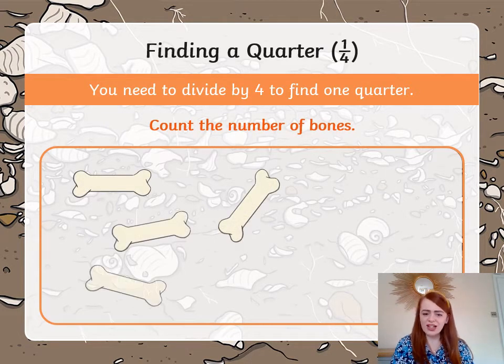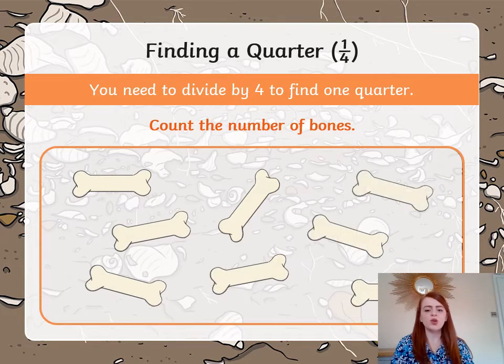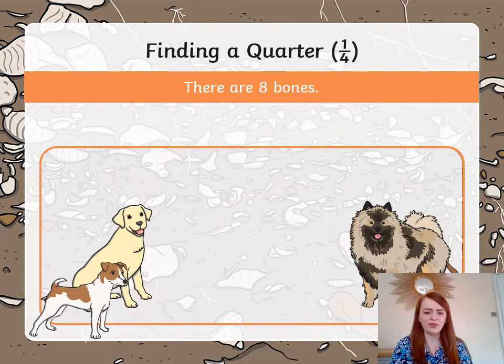Now, in this first example, it is asking us to count the number of bones. So let's count together then. 1, 2, 3, 4, 5, 6, 7, 8. So there are 8 bones here. So we're looking to find a quarter of 8.